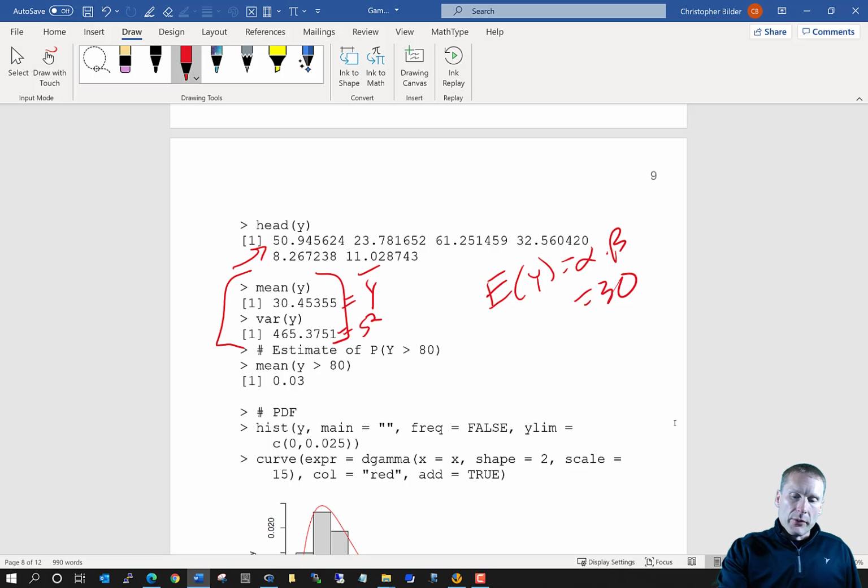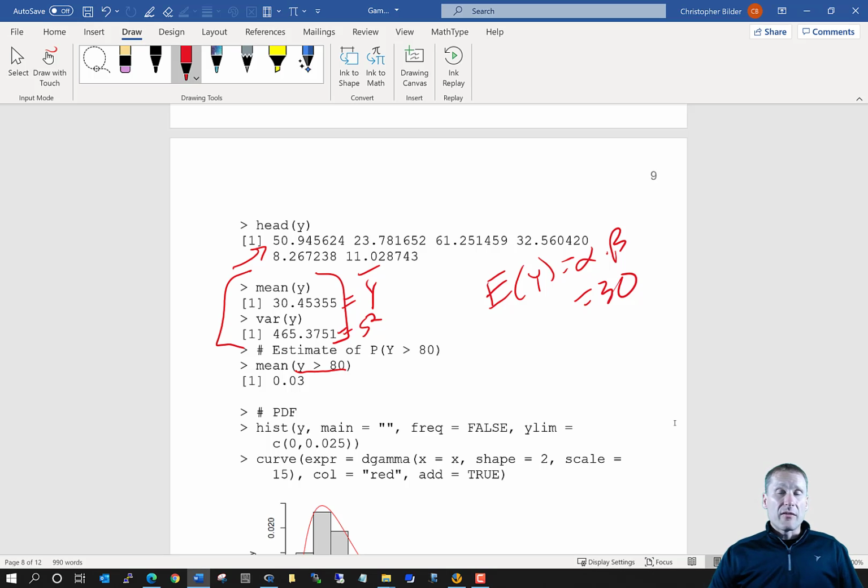Also, let's look at all those y's, all those lifetimes that were greater than 80. If I did y greater than 80, that's going to return 1000 trues and falses, corresponding to whether a particular value of y in my sample is greater than 80 or not.